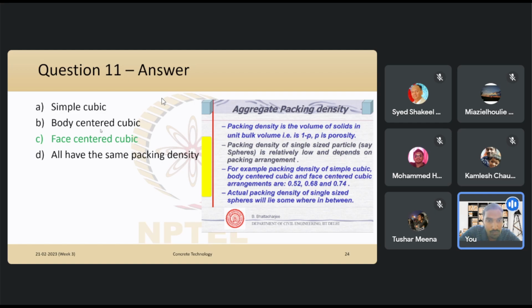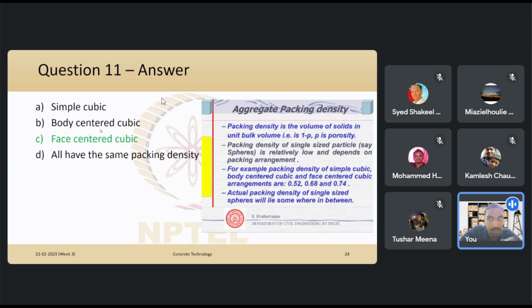So 2 faces provide a volume equal to 1 sphere, and there are 6 faces, so you will get effectively 3 spheres inside the cube and then 1 sphere from the 8 corners, right? So it is like effectively having 4 particles inside the cube.